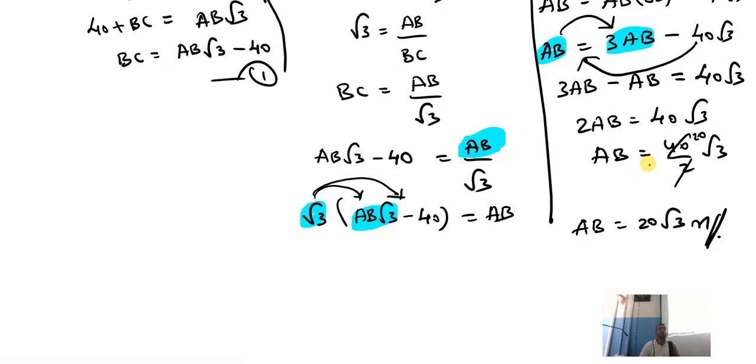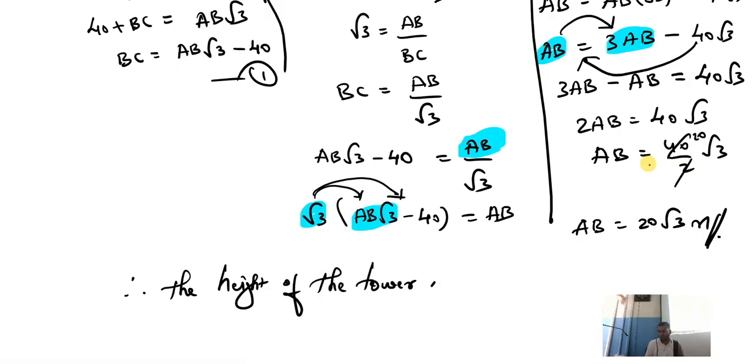Did they say anything in the question, like take the value of root 3? No. Then keep the answer in the form of root 3 only. No need to substitute. Therefore, the height of the tower is 20 root 3 meters. That's all.